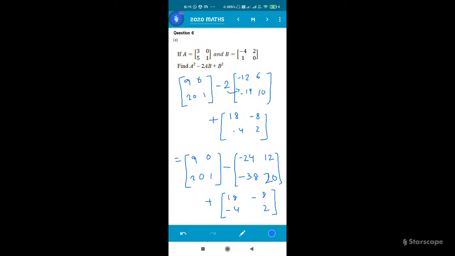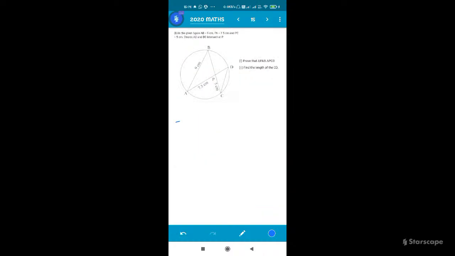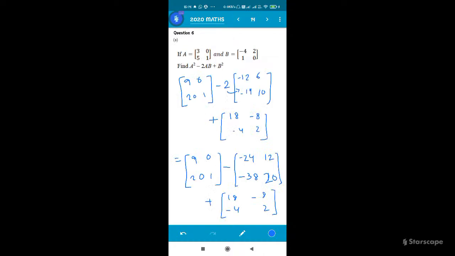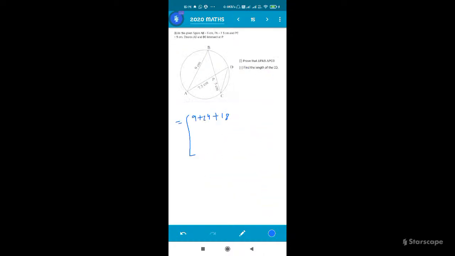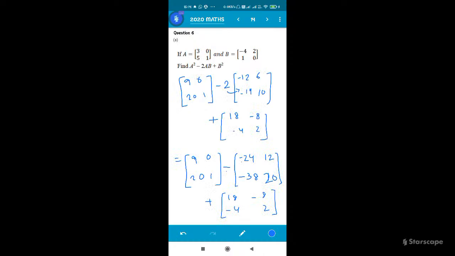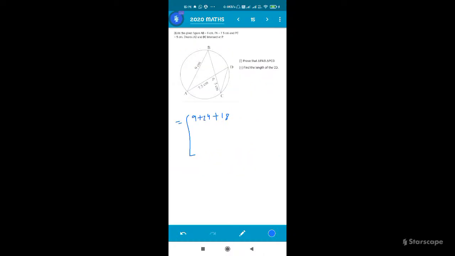So we are getting till here. Now we can simply take it under a single matrix and then we can solve it. So we are getting somewhat like this. 9 plus 24 plus 18. This is the first element of the matrix. Minus into minus will become plus, so plus 24, and then we have plus 18 out here. That is what I have written. Then we have 0 minus 12 minus 8.